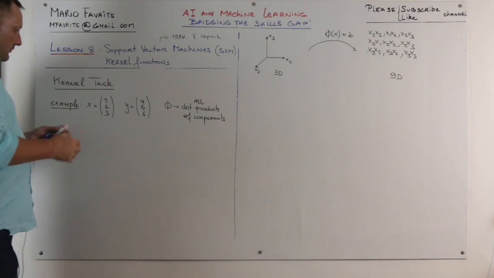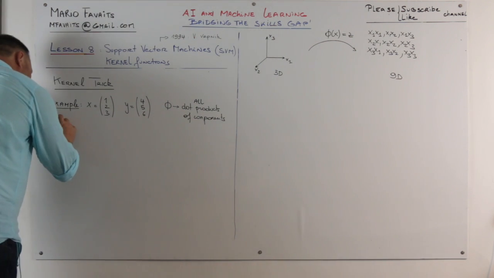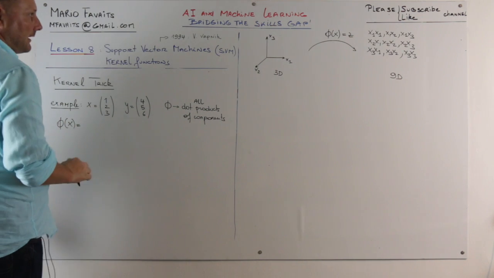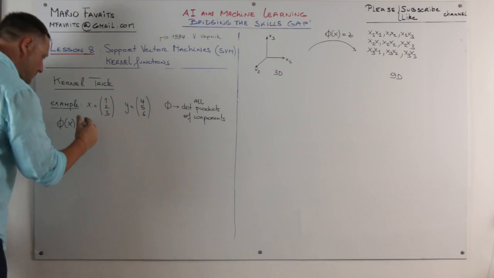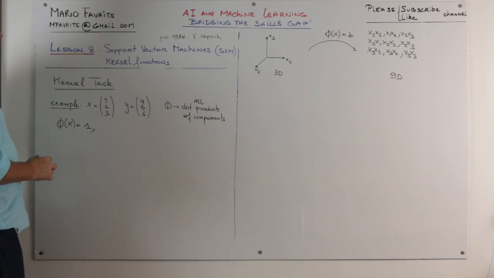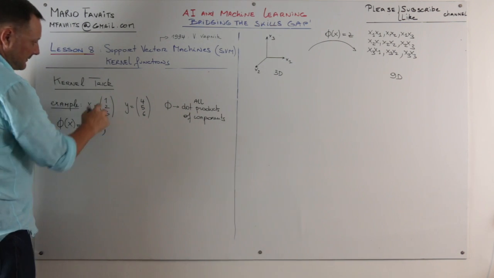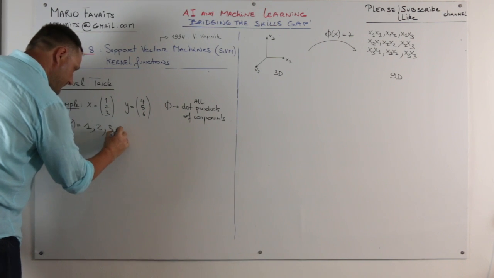How we would typically do it is, we would calculate the phi of x. That would be 1 times 1 is 1. The next element would be 1 times 2 is 2. The next element, 1 times 3 is 3.